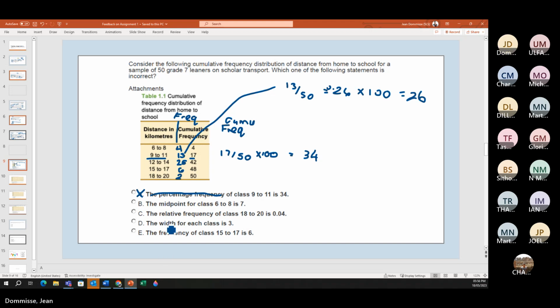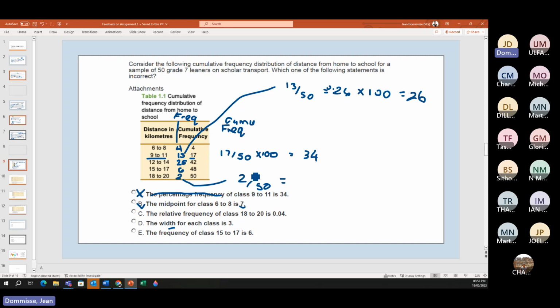So the midpoint of class 6 to 8. What's in the middle of 6 to 8? 7. So that is correct. The relative frequency of class 18 to 20. We know the frequency is 2.